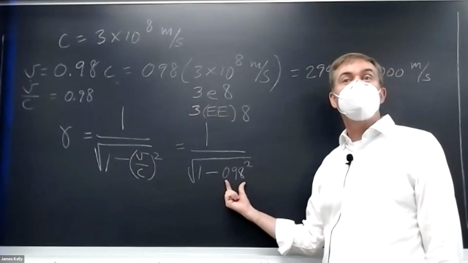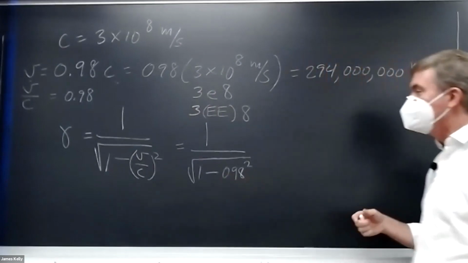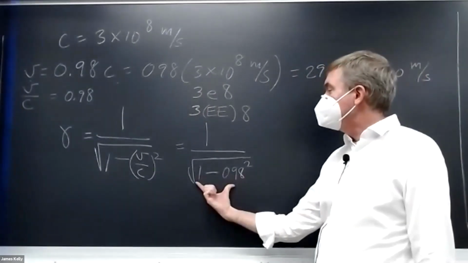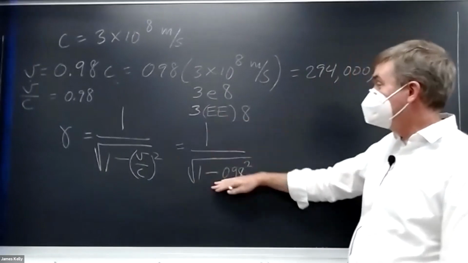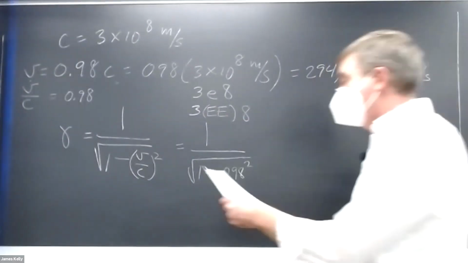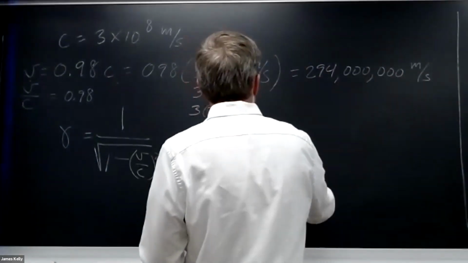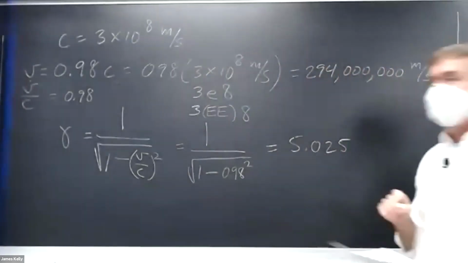When you square a number that's just below 1, you get another number that's pretty close to 1. When you subtract that from 1, you're going to get a small number. When you take the square root of a small number, you're going to get another small number. So we're going to be dividing by something that's pretty small here. When you put it in your calculator, I get 5.025 is that gamma factor.